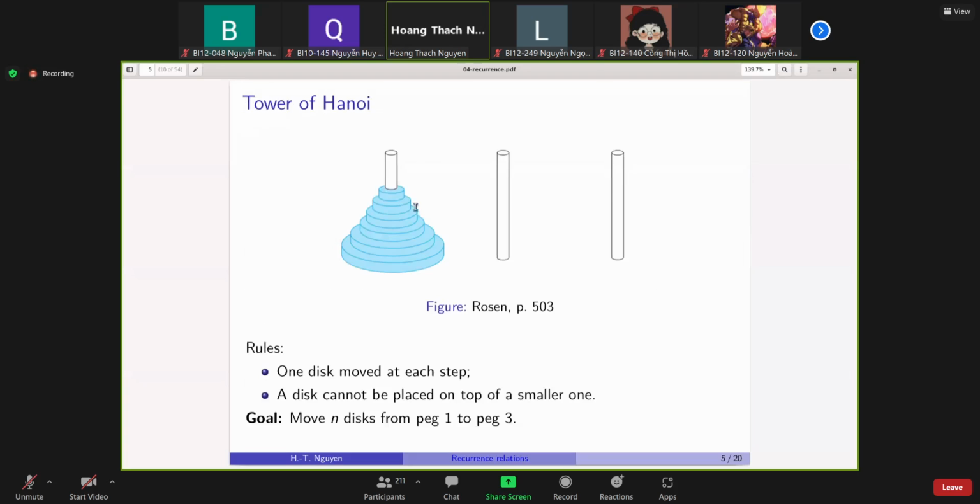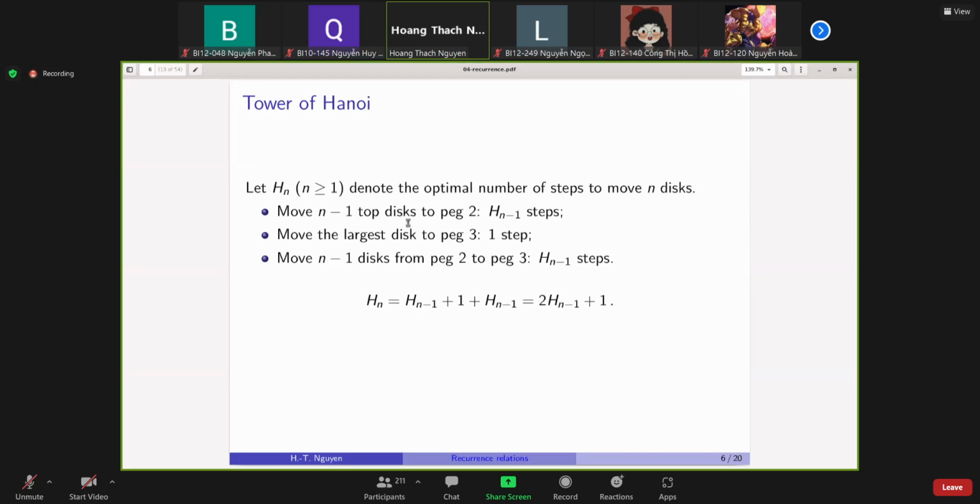Okay, in the second example about the tower of Hanoi, we have this relation. This is also called a linear relation because you can see that Hn is equal to 2 times Hn minus 1 plus 1.